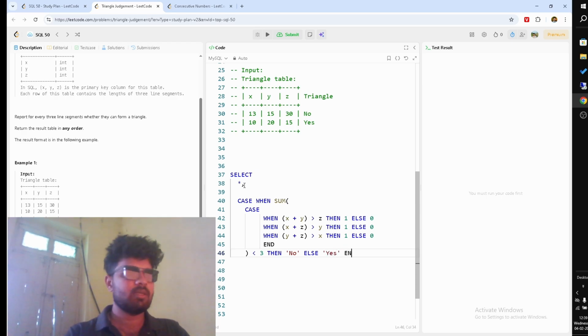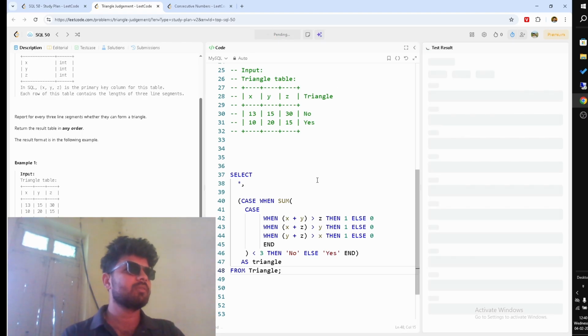This is the thing we are doing here. So let me put it here. I will use as triangle, from triangle. That's it. Let's try to do this.